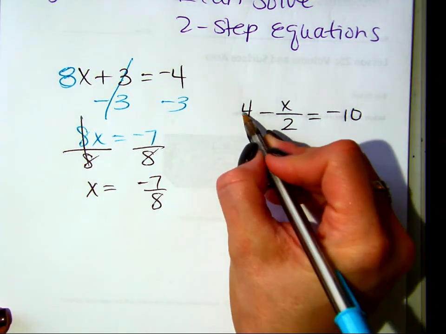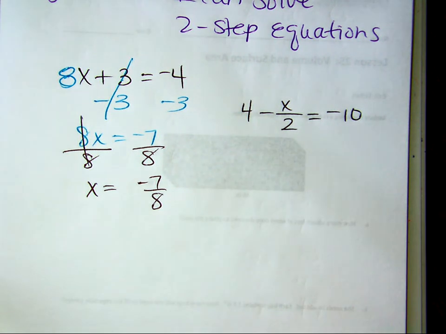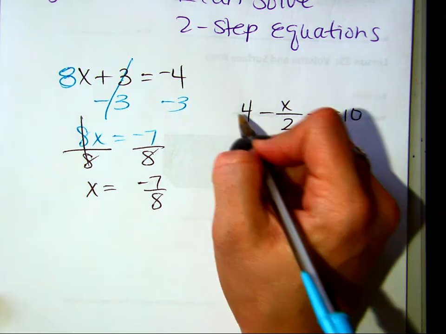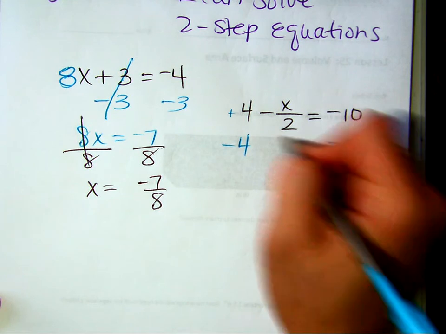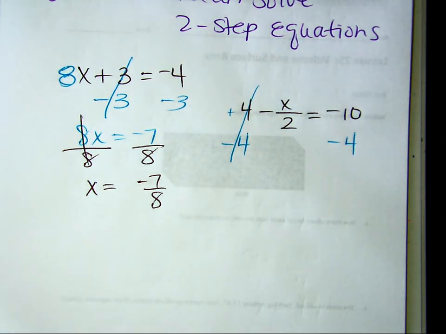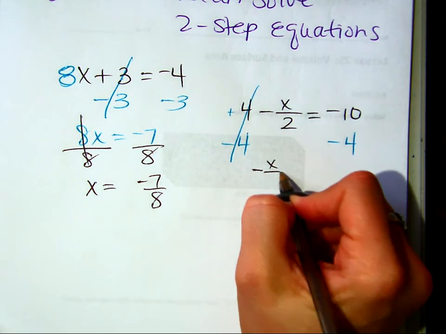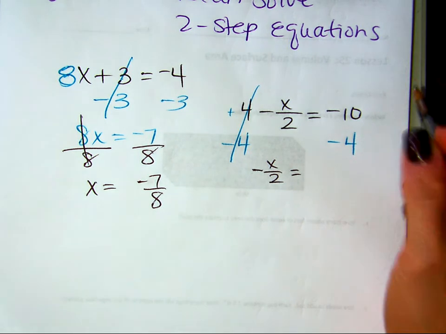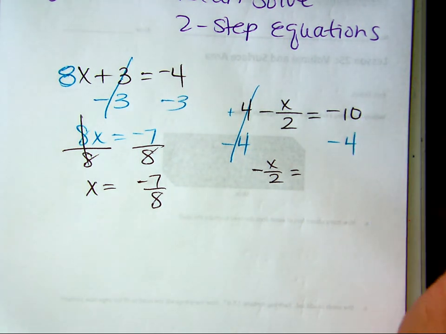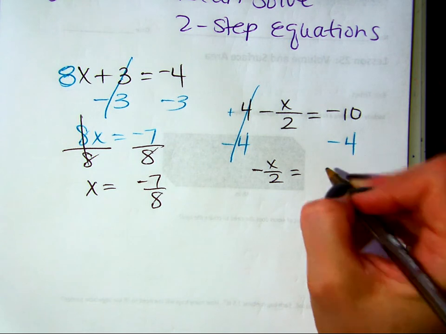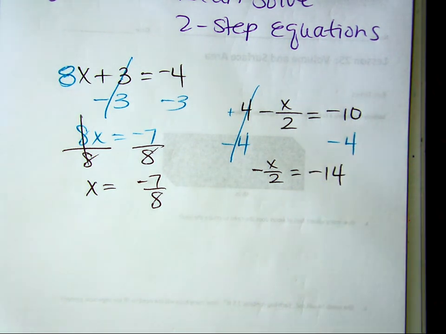So this is what happens when there's no sign in front of it. It's like a plus, right? So I'm going to subtract 4 from both sides. Now be careful, because that's going to leave you with negative x over 2 equals, and this is why I don't like that line, because I want you to know that that's negative 10 plus a negative 4, which is negative 14, not 40.